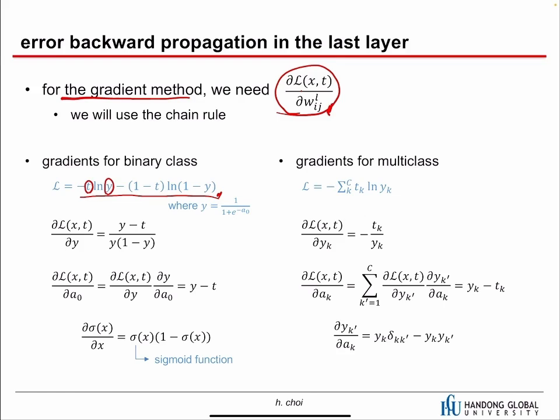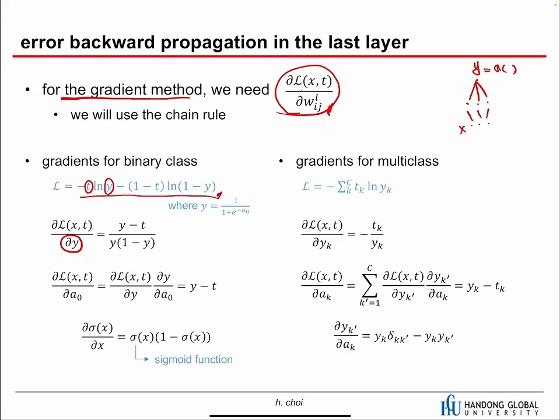So first, we take a derivative with respect to y. Remember, we have a neural network, and the output is y. And for binary class, we have only one output y, and we have input x. y is the output of the sigmoid function.